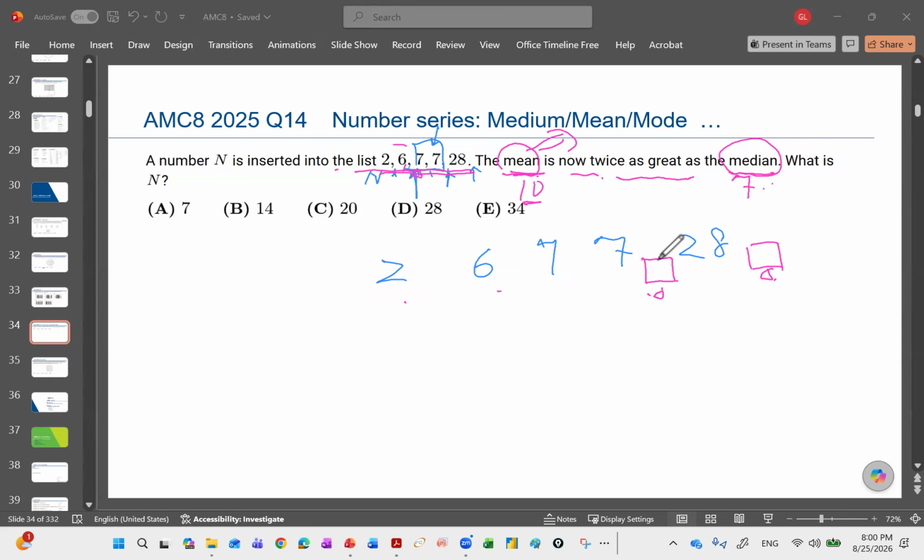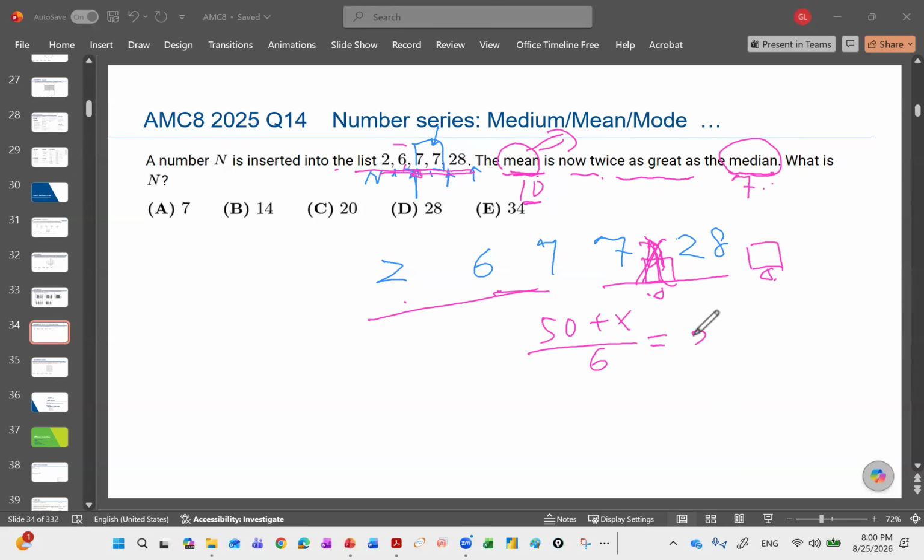So suppose situation A, I suppose here is X. So this number is in between 7 and 28. So I have 6 numbers, right? So what's the mean? The sum is 50 initially, plus X, divided by 6, equals, what's the median? The median is 7 because here it is 7, 7.